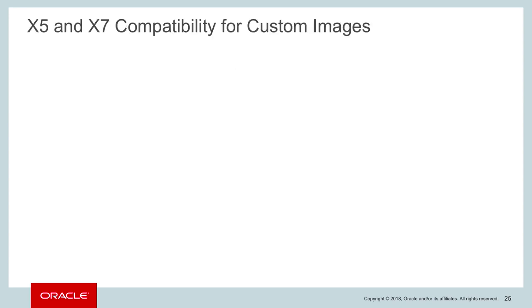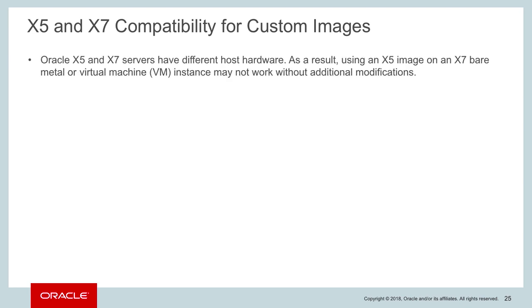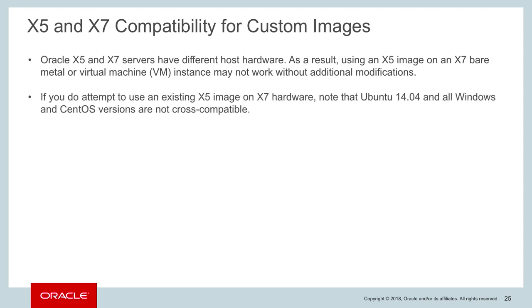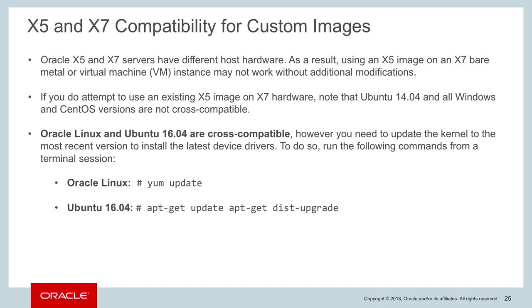As part of OCI, we have shapes that run on two different types of hardware machines, X5 and X7 machines, that are the base host hardware. When you're creating an image using an X5 shape, it's recommended that you use the same X5 shapes for your target machine. Some of the pre-built images in OCI support cross-compatible hardware between X5 and X7.